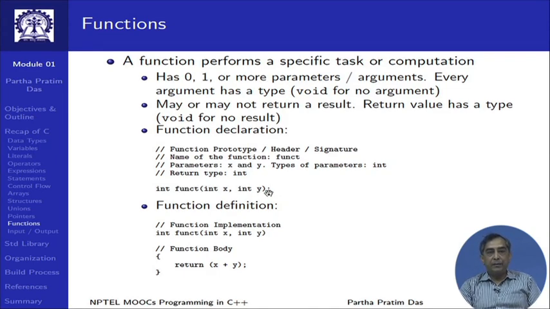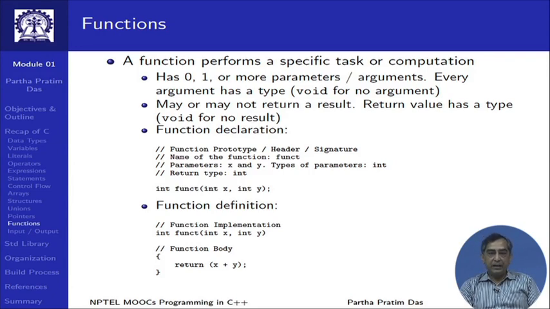At the end of this parenthesis, if you put a semicolon, then we know that you are just interested to talk about what parameters the function takes and what type of value it returns, but you are not interested to specify how this function funct actually computes the result integer from the parameters x and y.